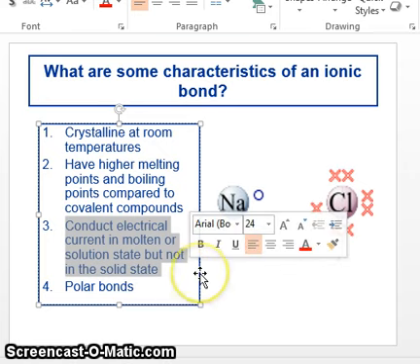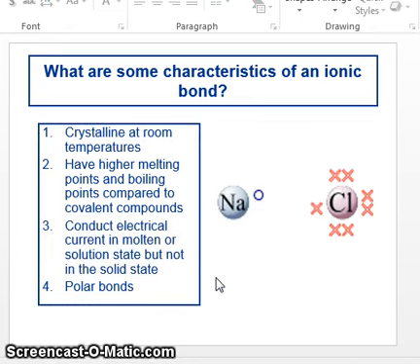So ionic compounds are very particular in when they can conduct electricity. They can only conduct electricity when their ions are free to move around, and that will only happen when the bond is broken apart by adding water to it and letting the ions flow through the water.